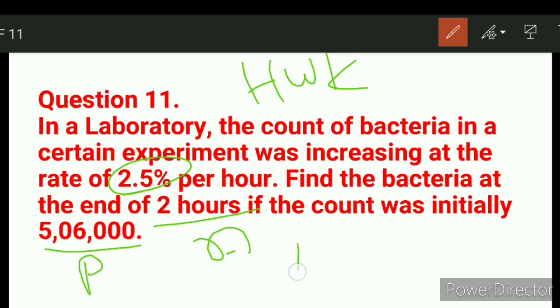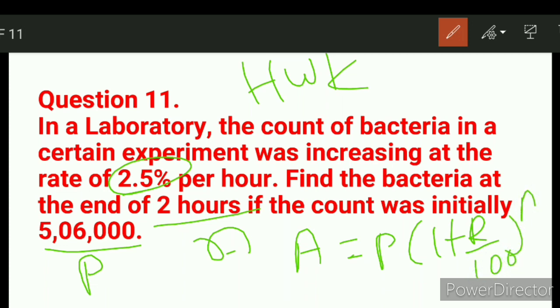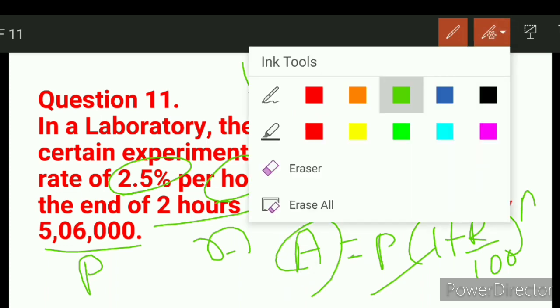You should use the amount formula, P into 1 plus R by 100 whole to the power n. Here the time is given in hours, so you can use this formula also. So use this formula and find the amount, that is the total number of bacteria at the end of 2 hours.